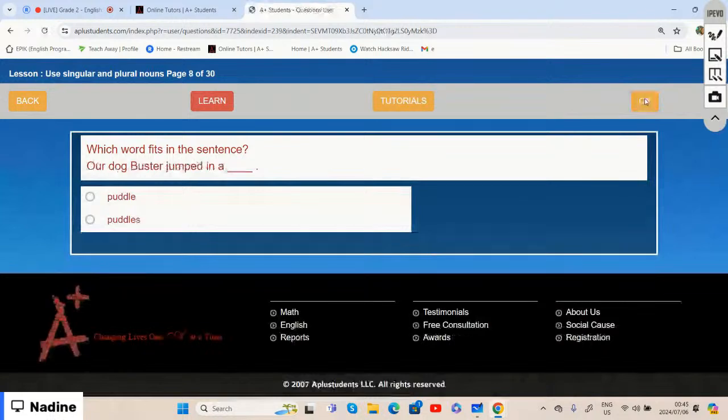It says, our dog Buster jumped in a puddle, or do we say our dog Buster jumped in a puddles? Which option is correct? We need to say which one is correct.